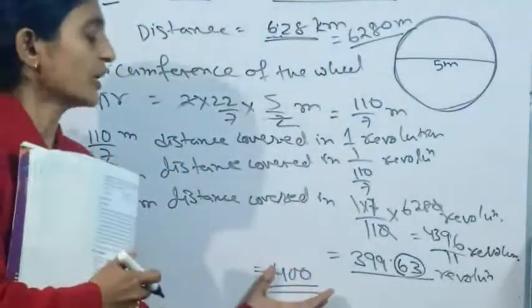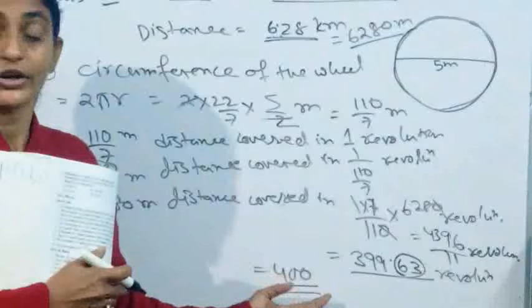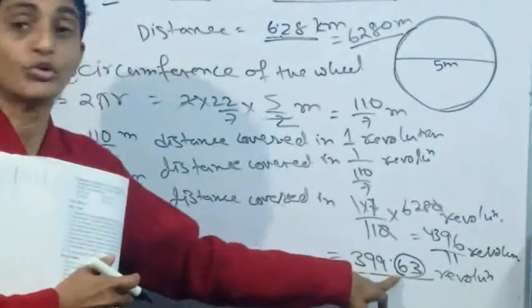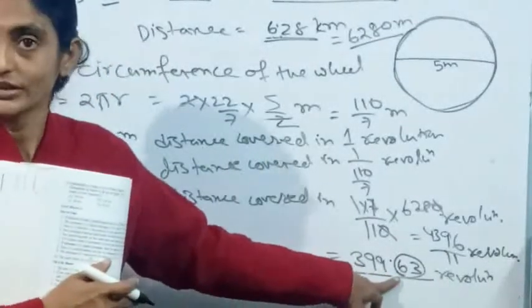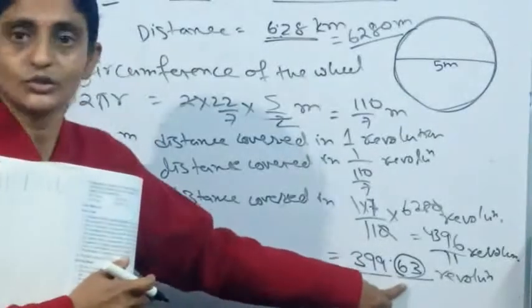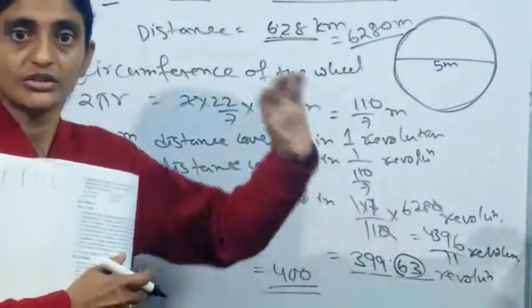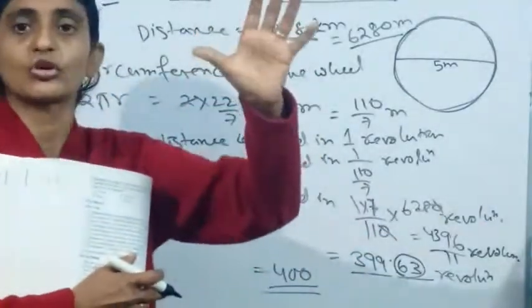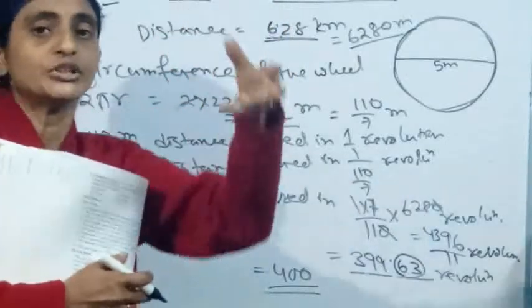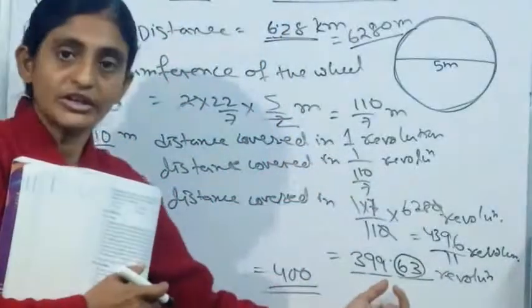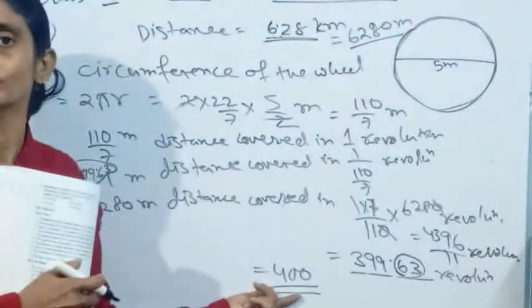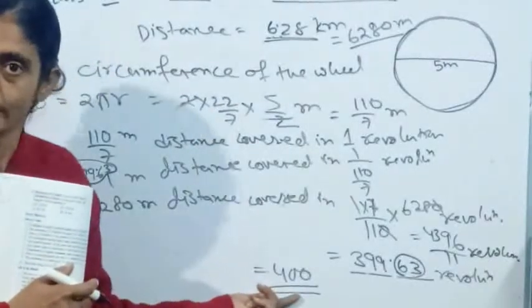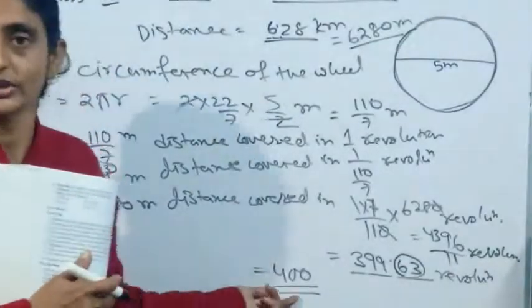So here your answer will be 400. Don't leave it like 399.63. That means the revolution cannot be left incomplete. You cannot stop it at a certain point of that revolution. The wheel will complete its revolution. So when it is completing its revolution, the count of revolutions will be 400. Okay, so let's try to solve the remaining questions.